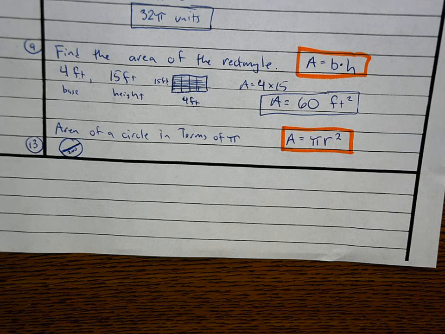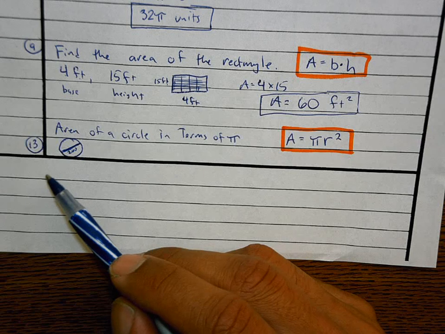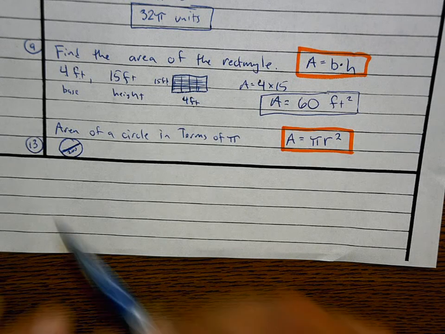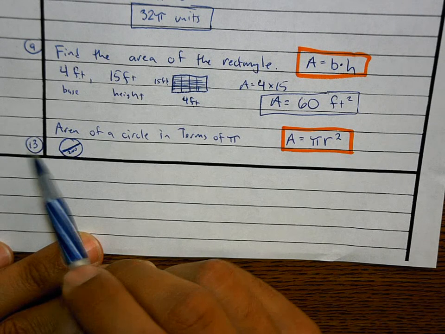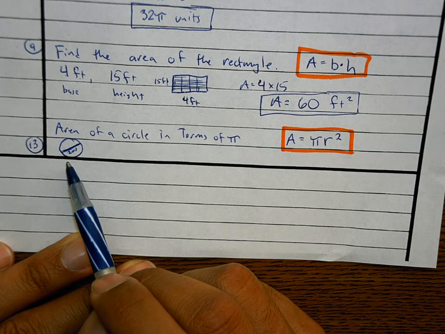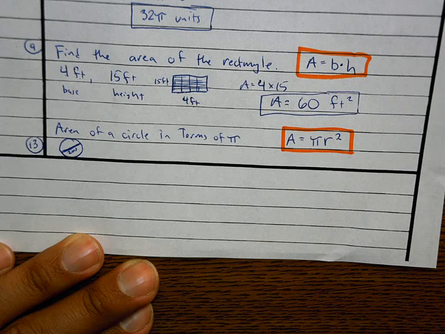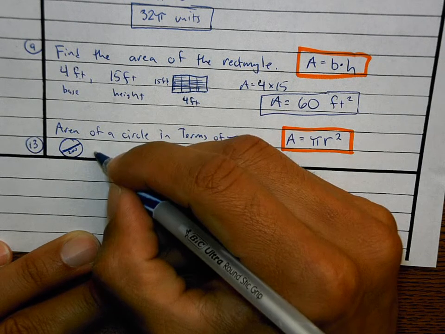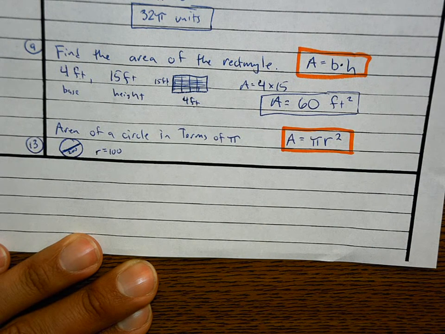And it does say 200 here, and this has a bar that goes all the way across the circle. So my very first question to you is, is this a radius? So they are trying to trick you on number 13. They gave you a diameter. What is the radius? Okay, so I'm going to put r equals 100 just so I know. They didn't give that to you, but that's what it is.